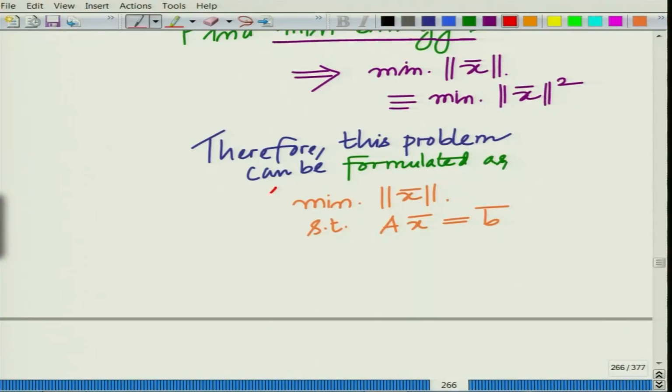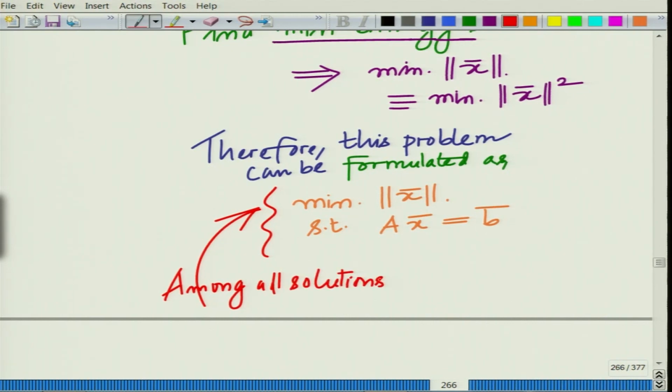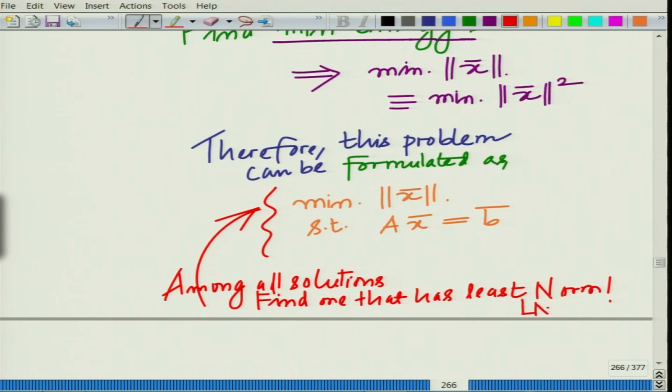Remember previously we had the least square solution, now we have the least norm solution. So, among all the solutions, find then the one that has least norm.